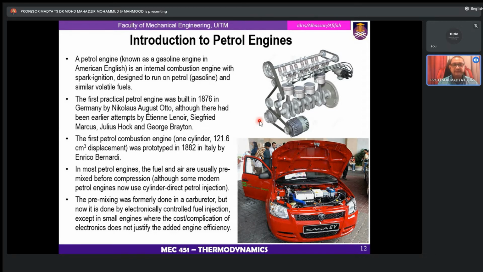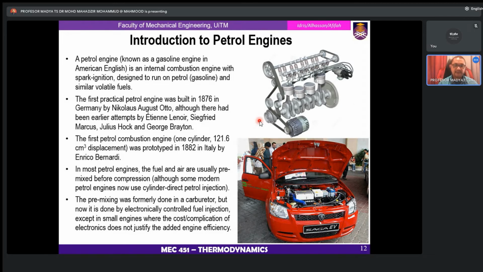In most petrol engines, the fuel and air are pre-mixed before compression, although some modern petrol engines now use direct petrol injection. The premix was formerly done by the carburetor.